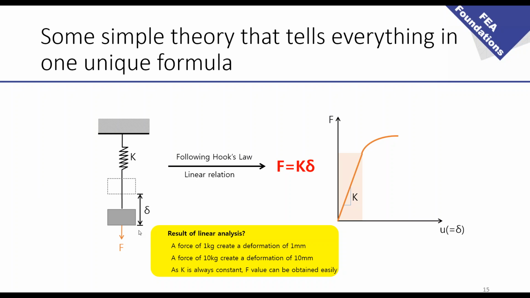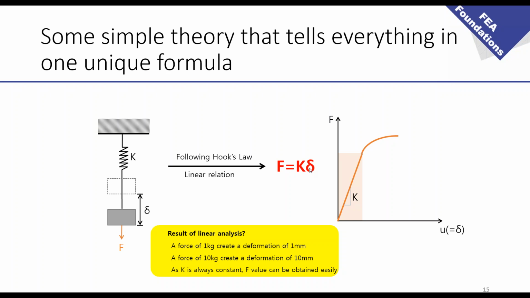And this is basically what we associate a linear static analysis with, a spring. So it means that this is only in one dimension. In one dimension you have a relation like that. The K is a constant and the F is proportional to the displacement.